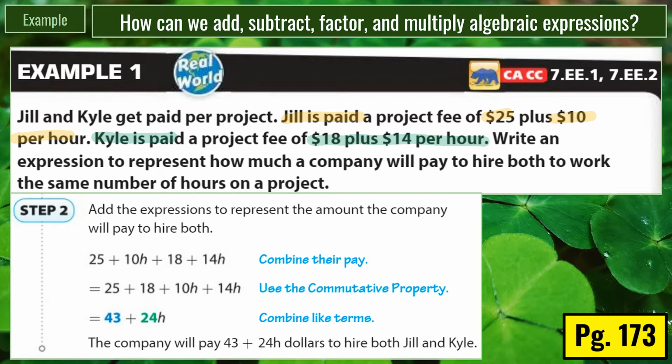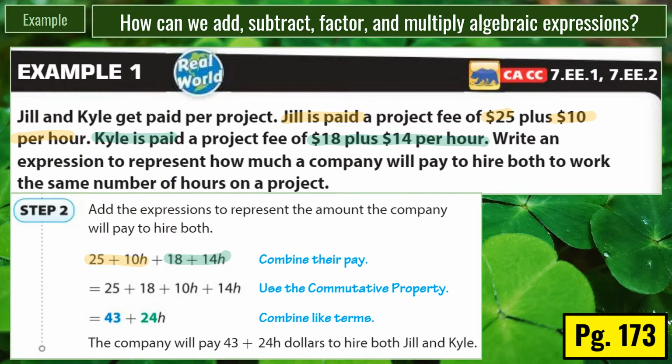Now, if we're going to find out how much the company will pay to hire both, we need to push those two expressions together. So you can see here that they have combined Jill's expression and Kyle's expression. They're in one thing. Now, since everything is addition, we do have that wonderful commutative property, which tells us we can move things around as needed.